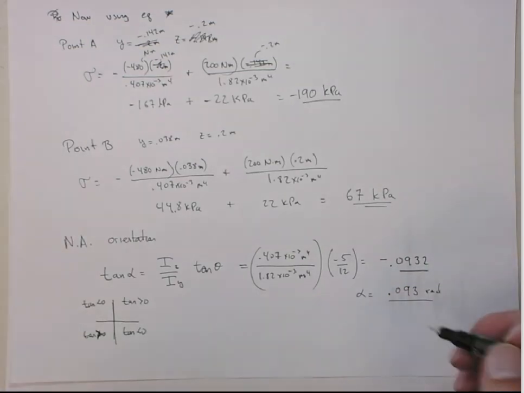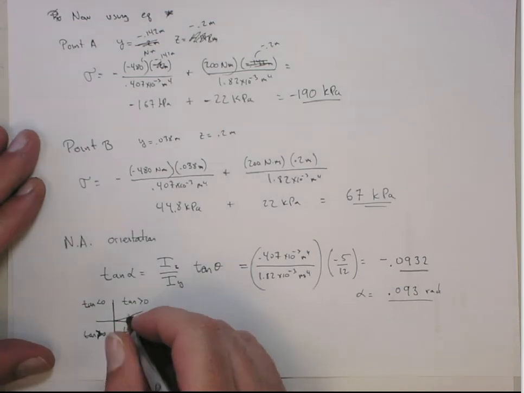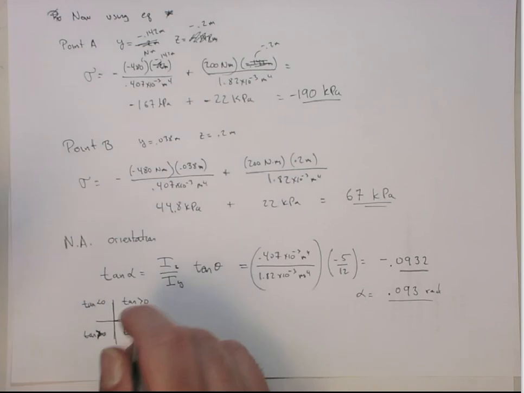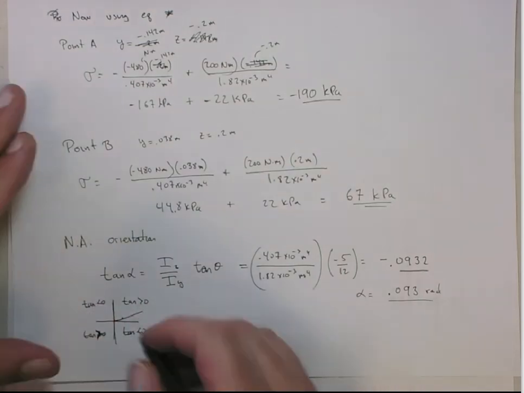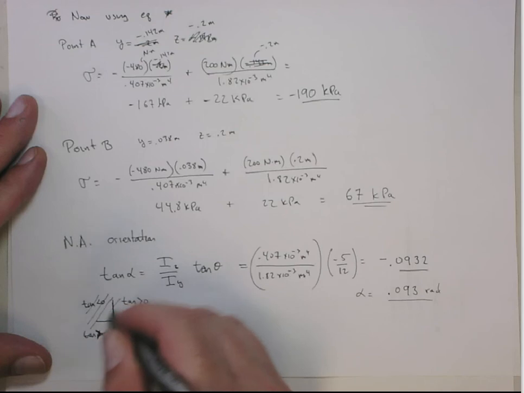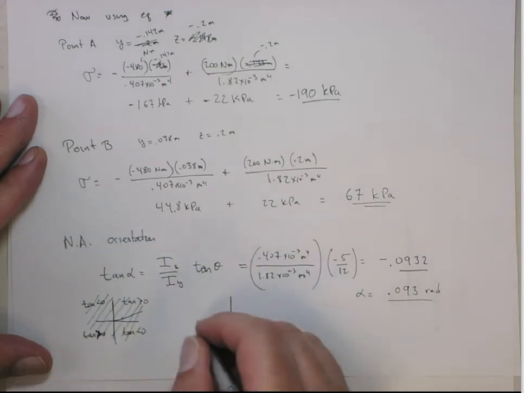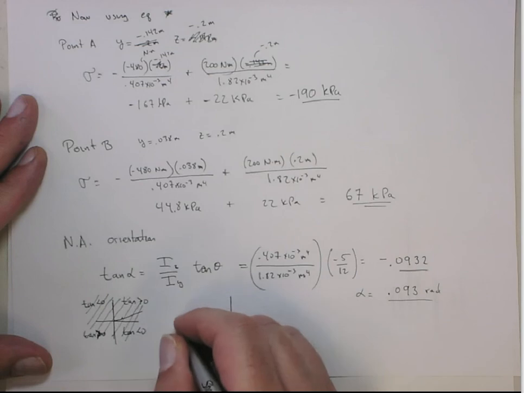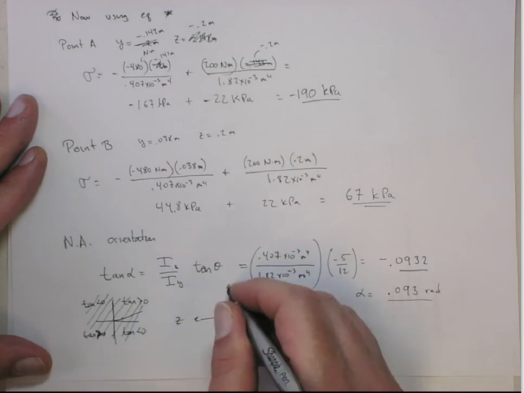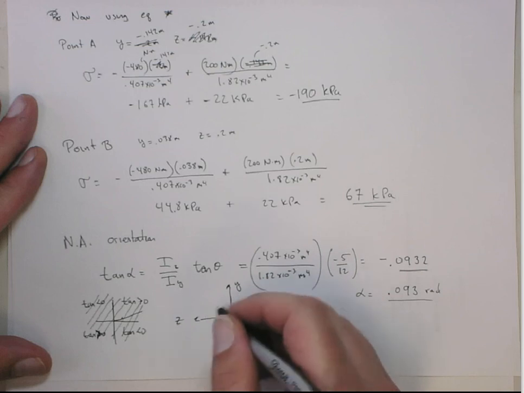And so since it's positive, that would either be giving me this angle, z and y. And we're defining that positive angles in this sense, right?